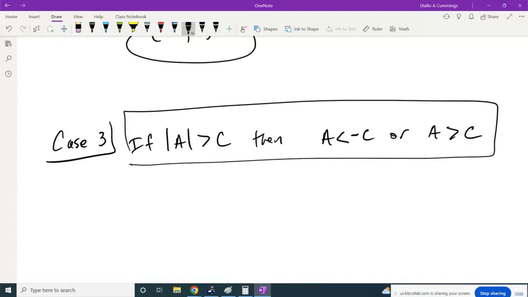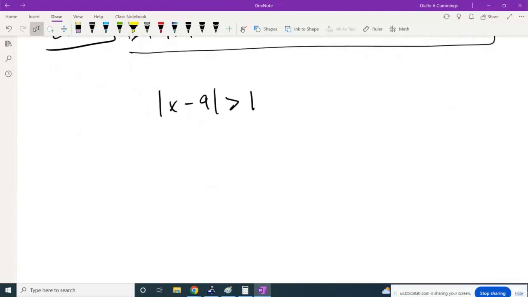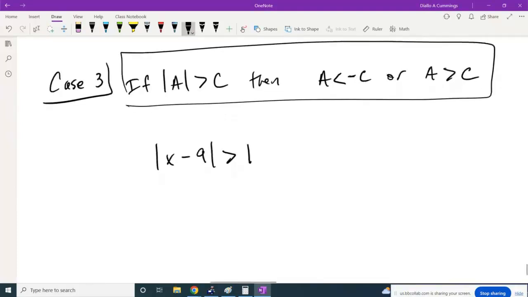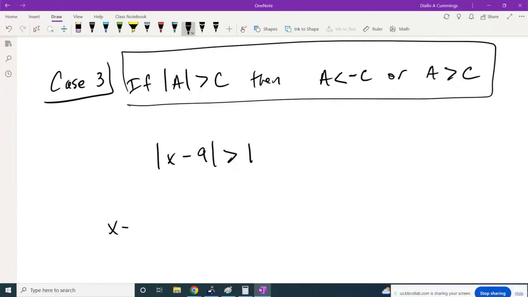All right, and here is an example. The absolute value of x minus 9 is greater than 1. Okay. And this is similar to one of the problems in the homework set, but I just didn't write it down. All right, so this is the absolute value of x minus 9 is greater than 1. So I'm going to use the formula, and I'm going to rewrite this as x minus 9 is less than negative 1.